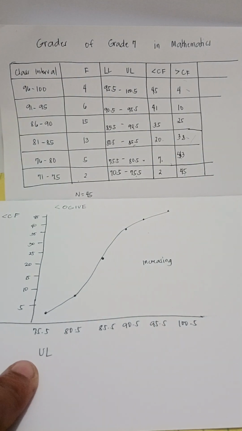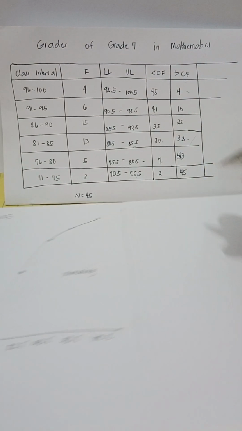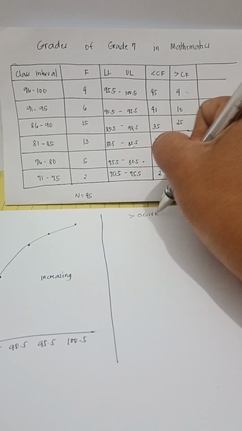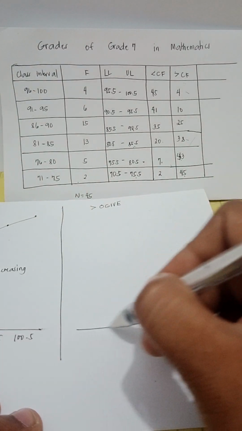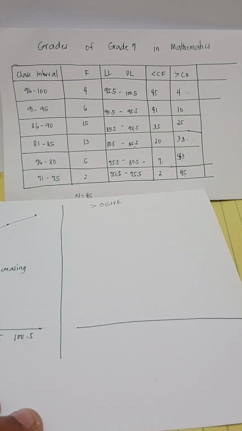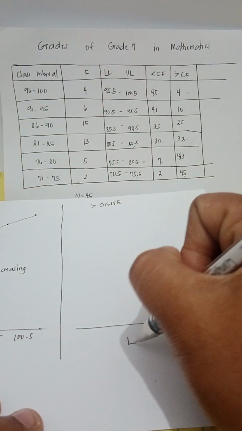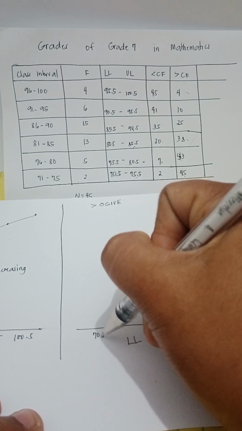On the other hand, let's sketch the graph of greater than ogive, or the graph of greater than cumulative frequency. The numbers that we're going to write here are the lower limits. The lower limits are 70.5.